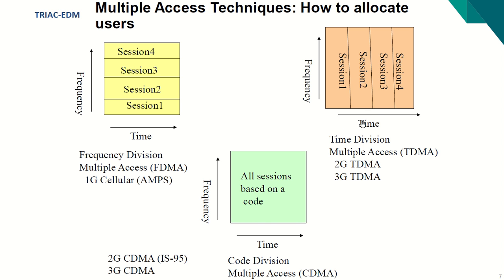User 3 is put into time slot 3, and so on and so forth. So you may ask, then how would user 1 communicate? It seems to be disconnected in time, right? But the answer is it will repeat. The pattern repeats itself.